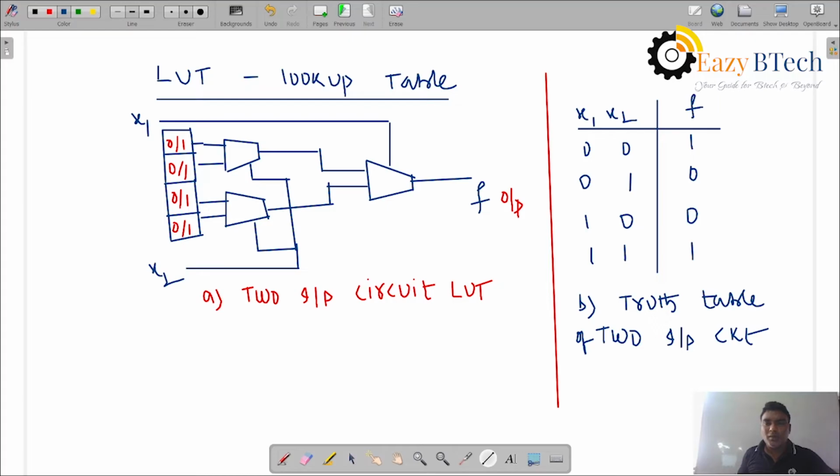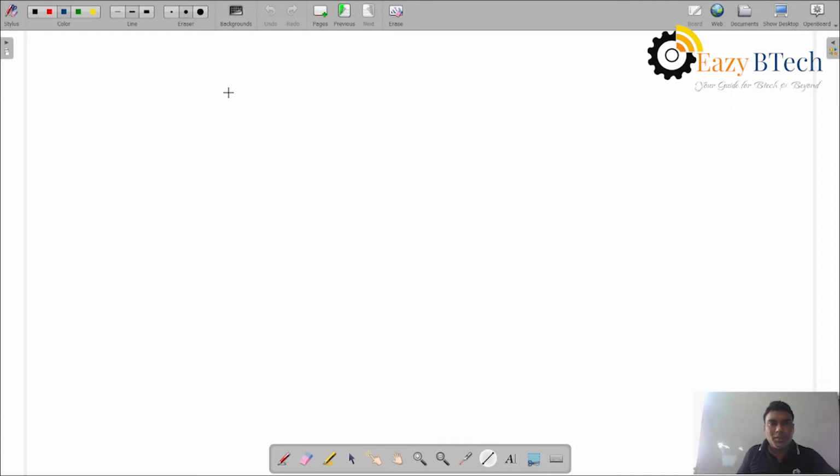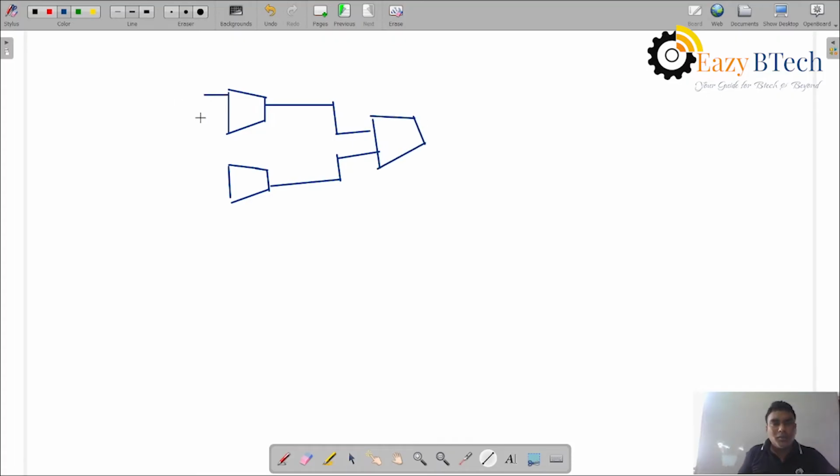So let us design the truth table circuit. According to the inputs X1 and X2, it stores the data, and then the functional output will be taken.